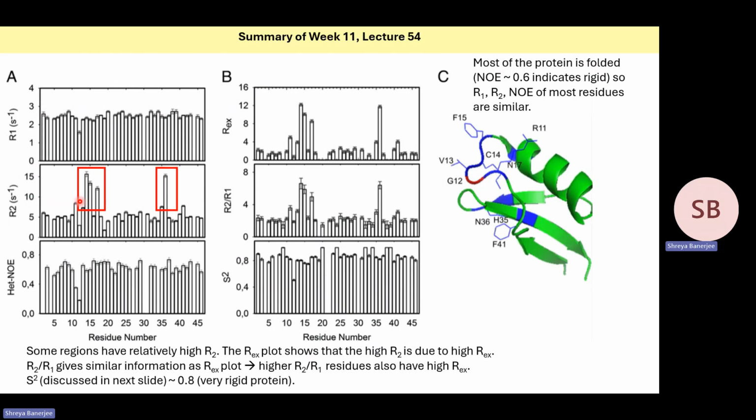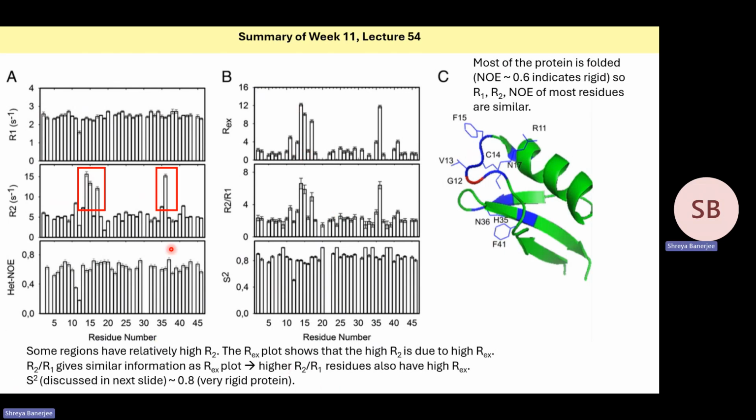Since the same residues have high R2 and high R exchange, the high value of R2 in these places is due to exchange phenomena. Suppose there is a ring here and an asparagine here, and there is some exchange between these residues. This will lead to these kinds of R exchange values.